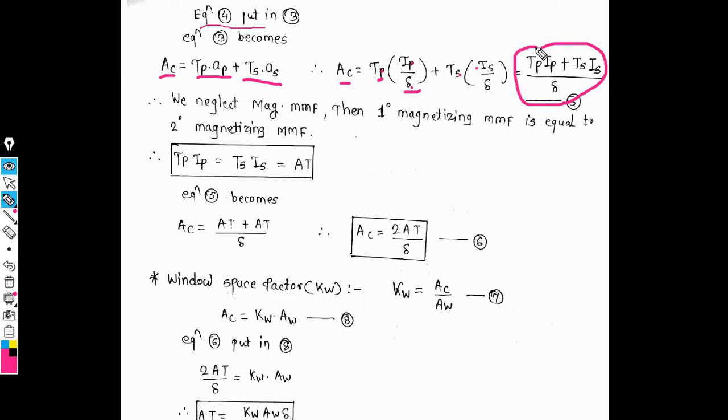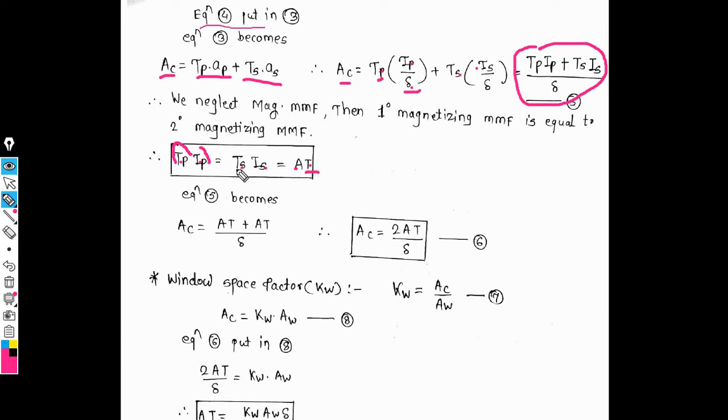The magnetomotive force in the primary winding is equal to the magnetomotive force in the secondary winding; it is always the same. So we consider Tp Ip and Ts Is. There is no unit for the turns, so T stays as it is, but the unit of Ip is ampere, so the unit is ampere turns.